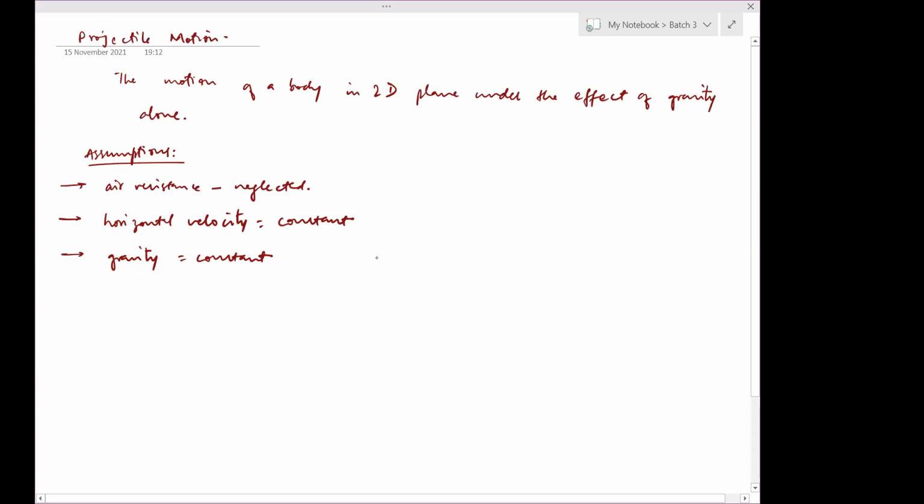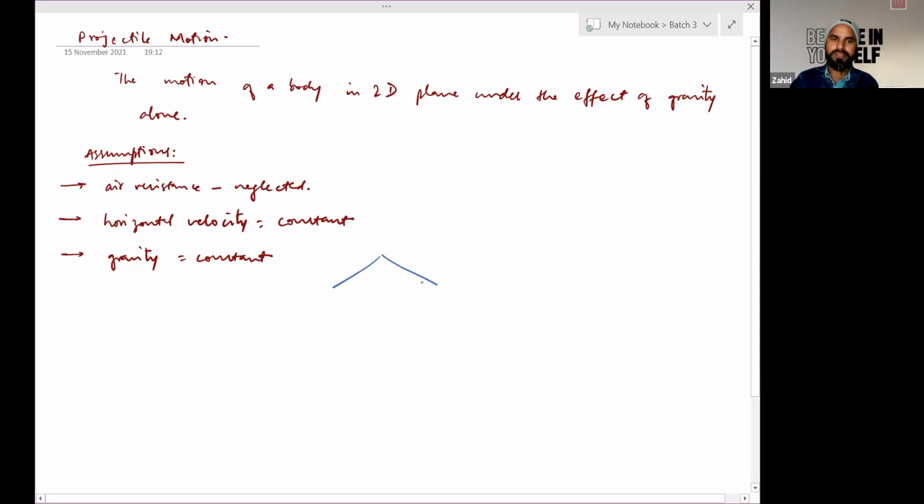Okay. Now we may break this projectile into two parts. One is called horizontal projectile, and the other is angular or oblique projectile.